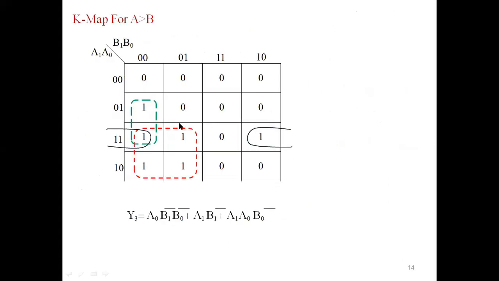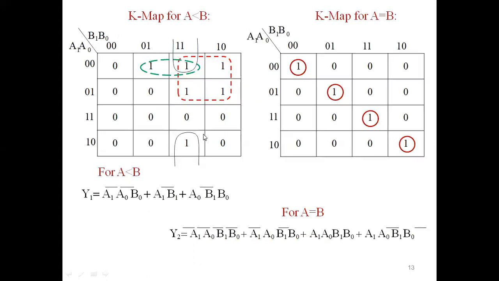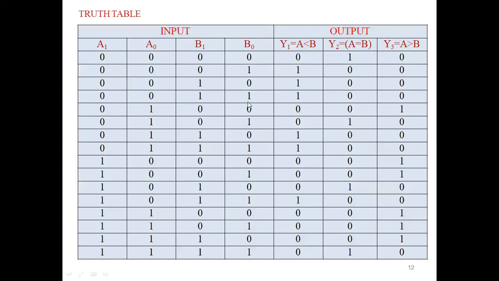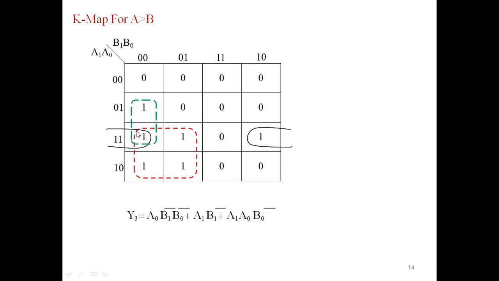The next and last one is A is greater than B. In A greater than B, we place ones at 4, next 8, 9, 12, 13, 14. There only we place ones and map them. Here is a quad possibility and a pair.